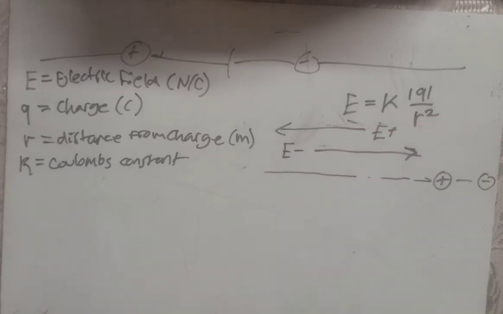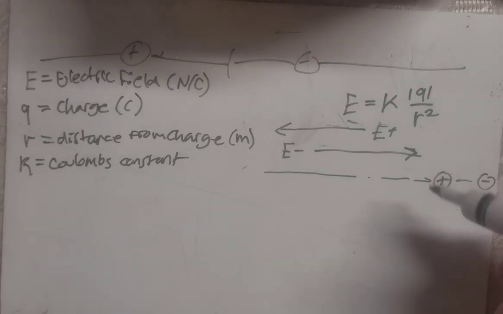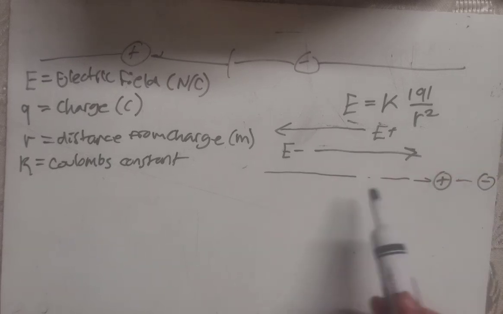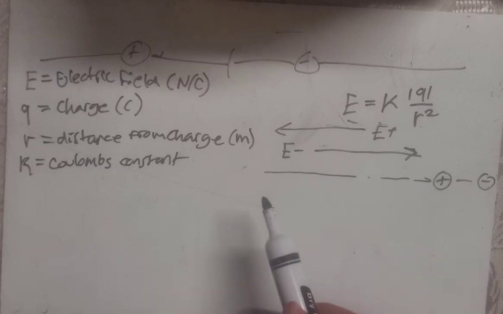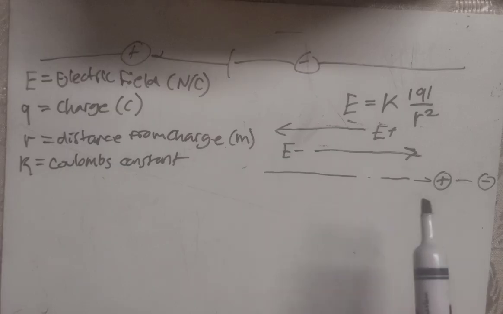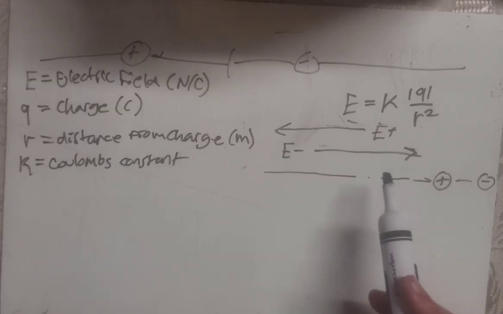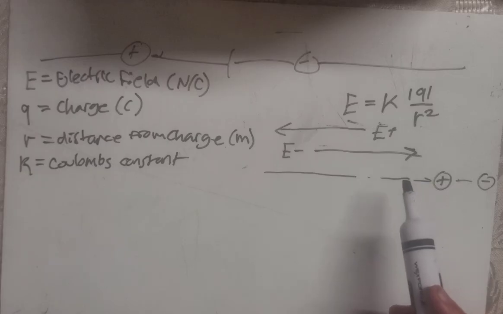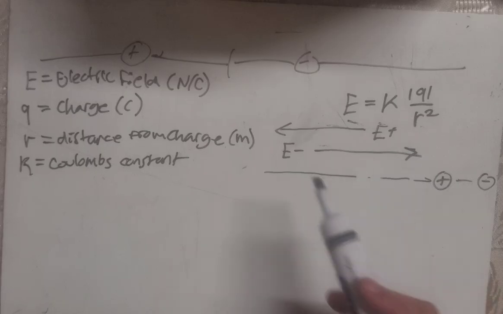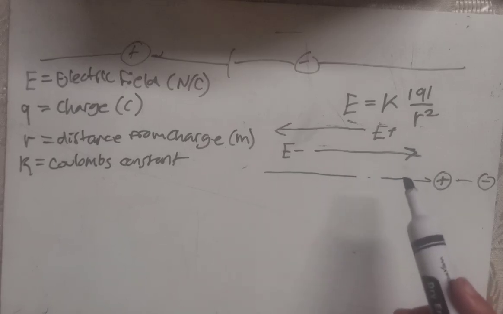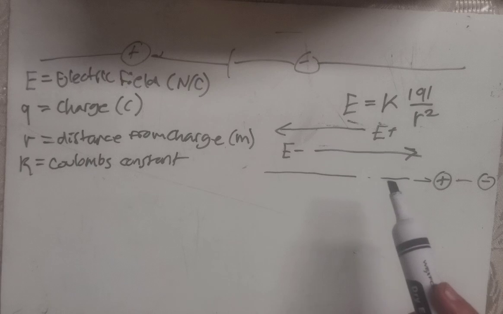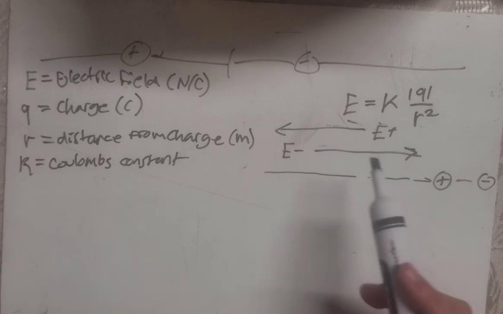Since they're opposite, cancellation is possible, but the negative charge is stronger. But as we move farther to the left, the negative charge becomes much farther away. So eventually the stronger negative charge can be balanced by its greater distance. That means there is one point on this side where the electric fields have equal magnitude and cancel each other out. So the only location where the total electric field equals 0 is to the left of the positive charge.